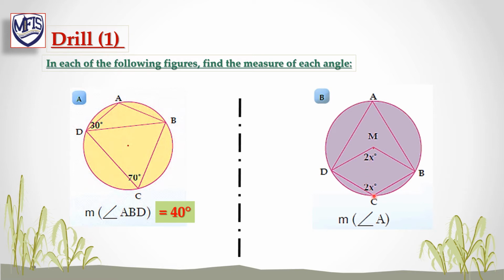Yes, they are supplementary. The two angles are supplementary. Why? Because ABCD is a cyclic quad. That means 3x equals 180. Then the value of x equals 60. So measure angle A equals 60 degrees.